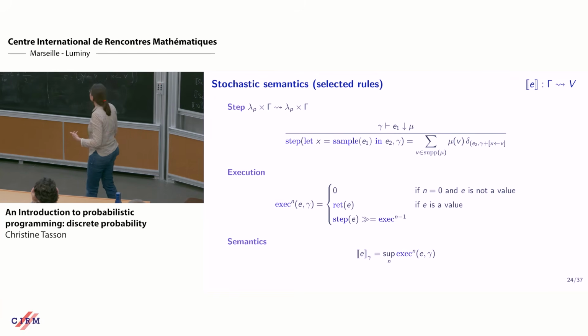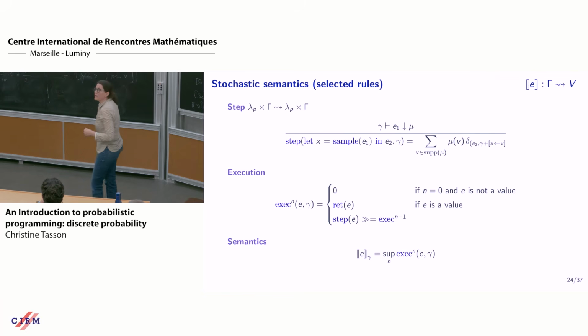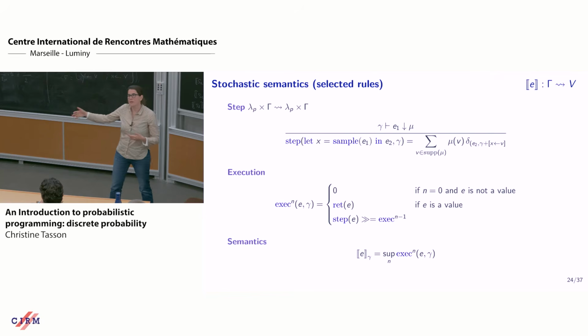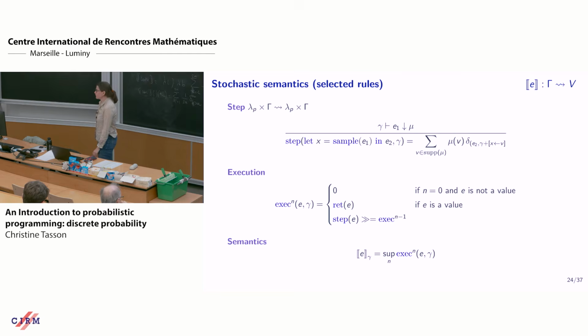Now, if E is not a value, then I will perform a new step of execution and get a probability distribution, step E, and do the bind with execution of n-1 steps. And because it is increasing, what I get is the probability of getting a value. So it's a positive real, and it's bigger and bigger. I can take the supremum and get the probability distribution of my expression E.